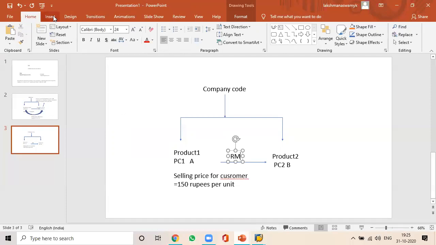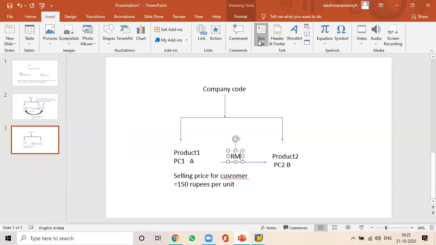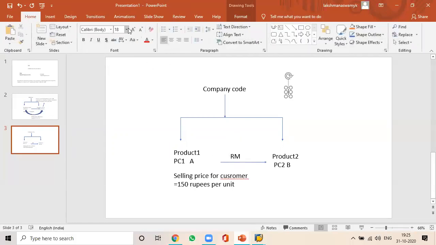So, person A charges 125 rupees from person B for product 1.